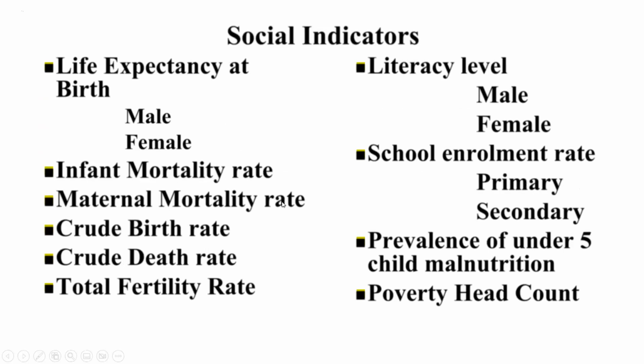Now let's say our country goes into a severe financial crisis, and our free health systems collapse. Then you can see the infant mortality rate and maybe the maternal mortality rate may increase.